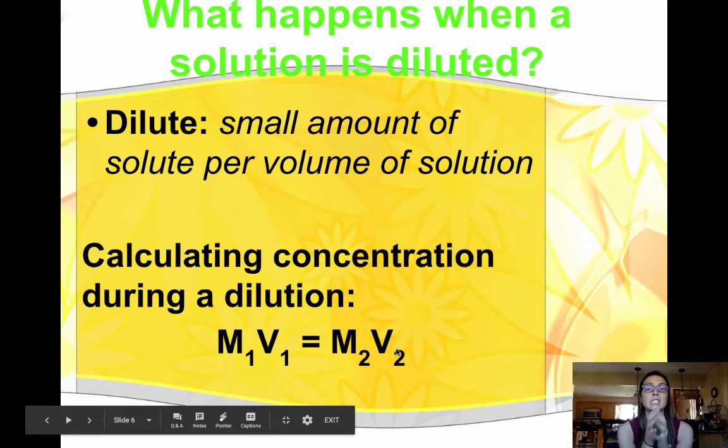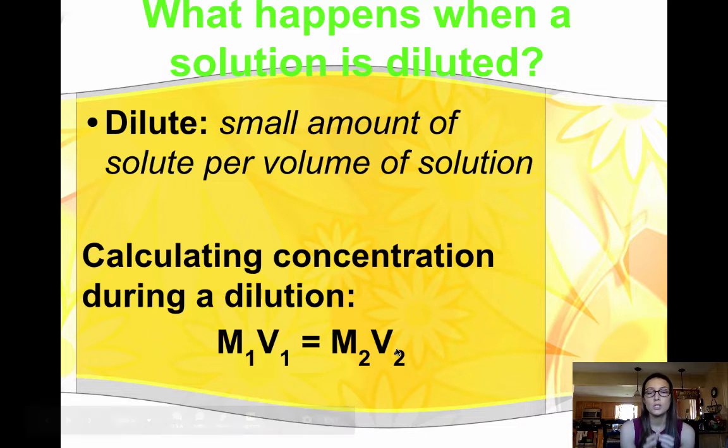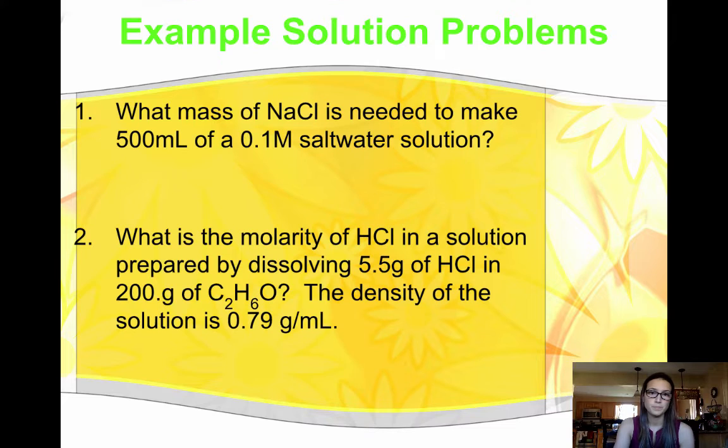A dilution is the same substance, so you're taking a concentrated substance and diluting it down. You take the molarity and volume of the initial equals molarity and volume of what you're trying to go to, and then you're solving for one of those variables. So you'll end up dividing something over.